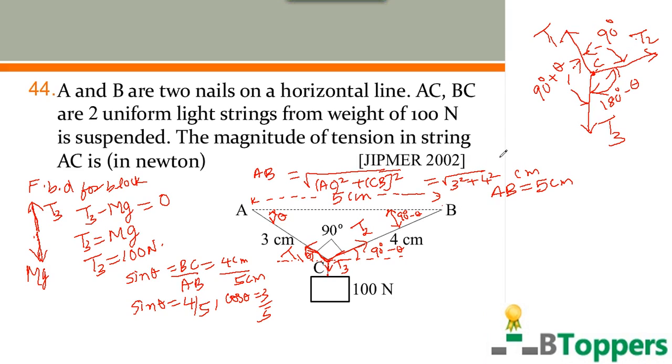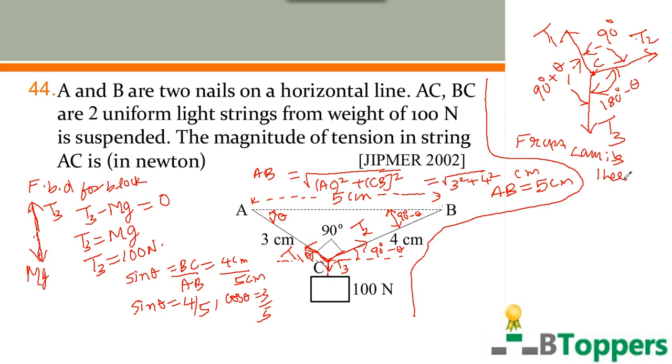So from Lami's theorem, you can write T1 by sine of the angle opposite T1, which is 180 minus theta, equal to T2 divided by sine of the angle between the other two forces opposite T2, 90 plus theta, equal to T3 by sine 90 degrees.